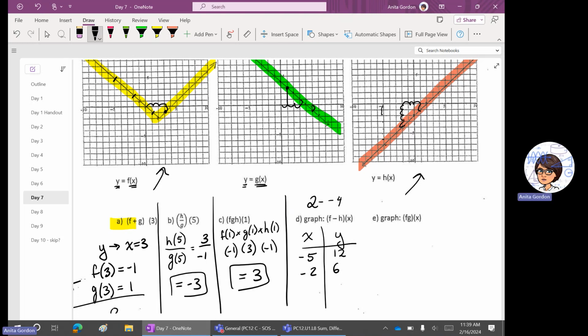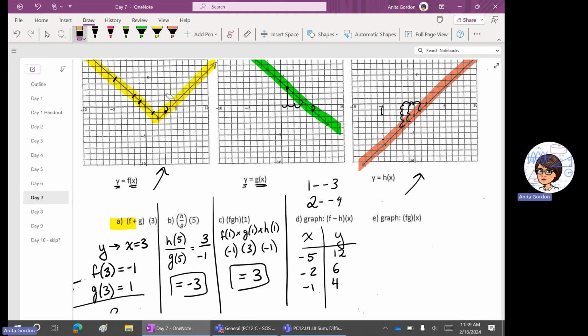What happens at -1? I have +1 minus, where's our -1 here? 1, 2, 3. -3. So this is going to be a 4.